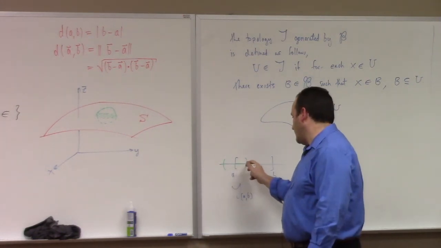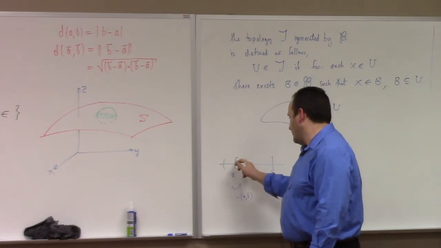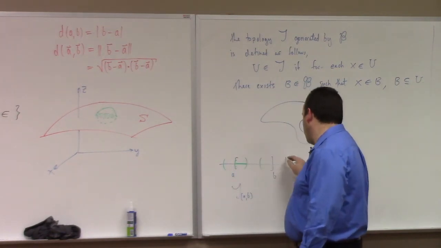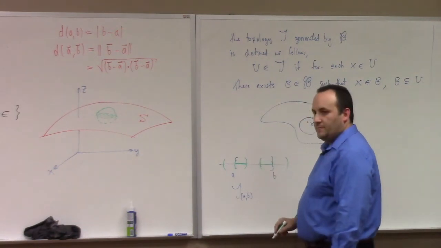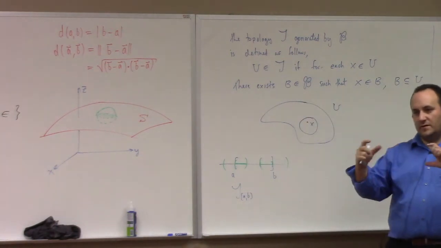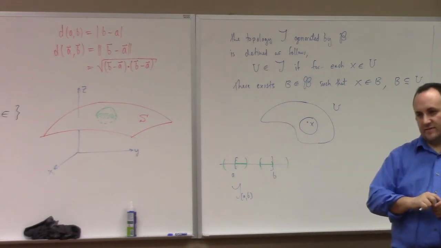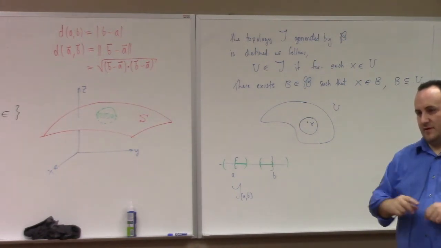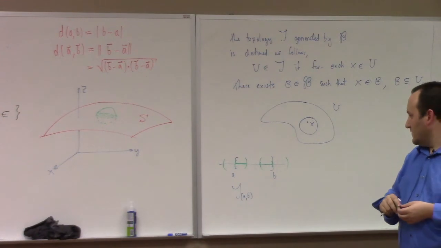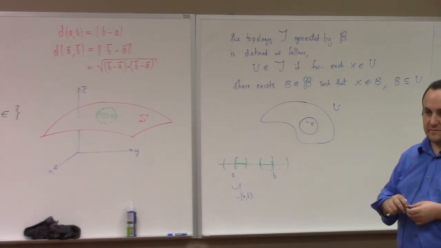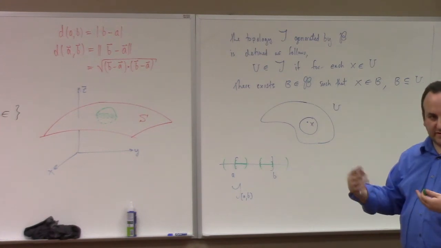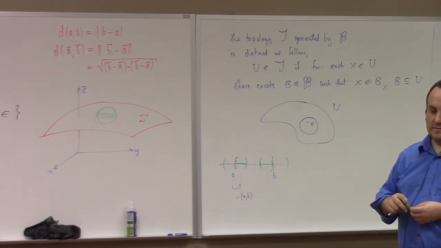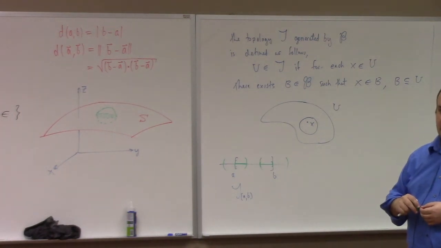So this set would be open, or this one over here would also be open. So you get half open sets as subsets of A, B, which are open with respect to the so-called subspace topology on the closed interval. This is important when you're dealing with restrictions of some object. We use the subspace topology a lot.